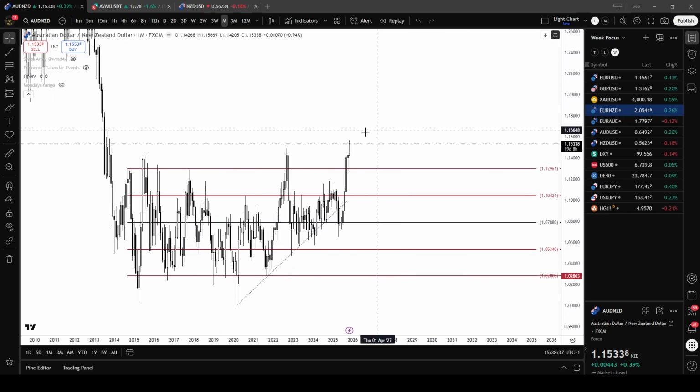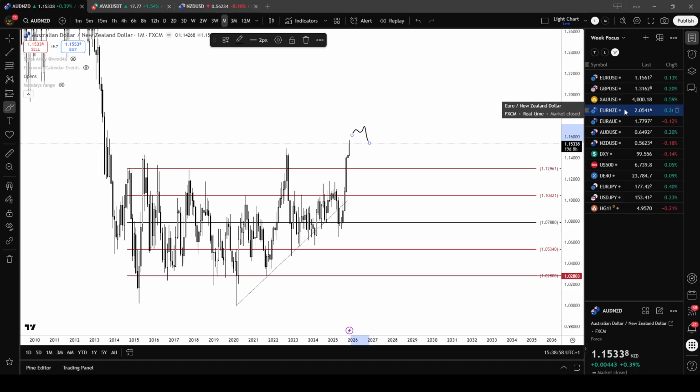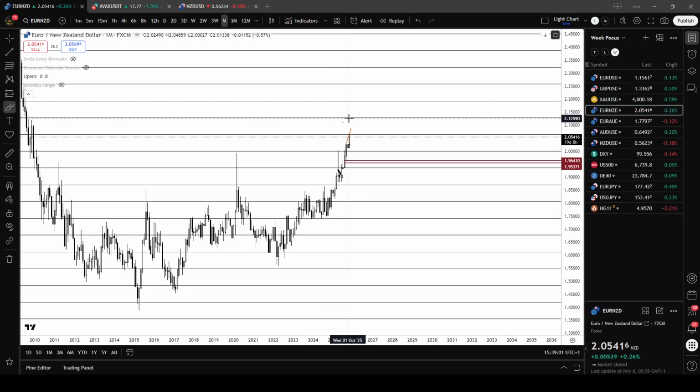It looks like this is getting depegged, and maybe around this area we see intervention on the New Zealand dollar, and we see the start of a downtrend, and then maybe Euro New Zealand is no longer the easy long, and it just starts being a better short than Euro AUD. I'm just being very picky with it. That's why I only engage in the extremes in these charts, really.